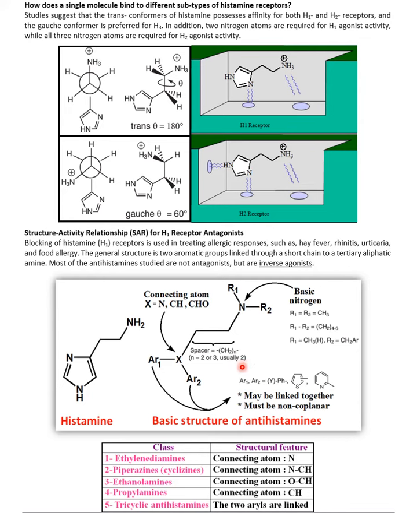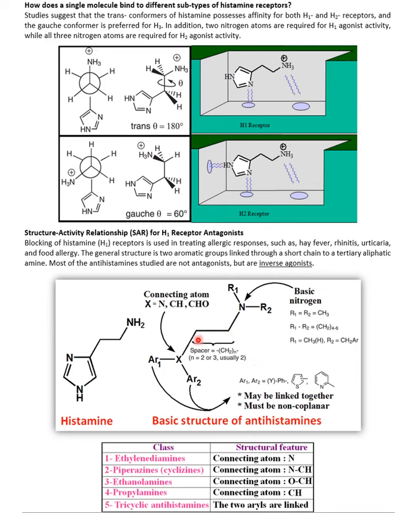In fact, having 3 atoms can produce side effects and will reduce the antihistaminic activity. And we will see in some other CNS medications that having 3 atoms could produce different effects than the antihistamine. So the bottom line is having 2 atoms is the preferred one.